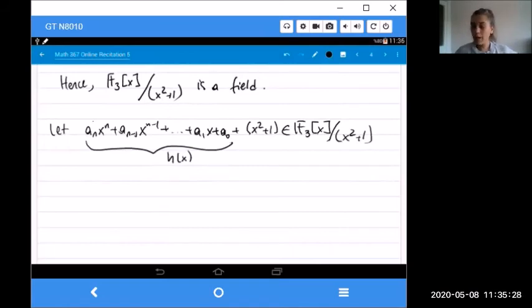Okay? Now, remember, we can apply the division algorithm here. So let us divide the representative h of x by our generator x squared plus 1.